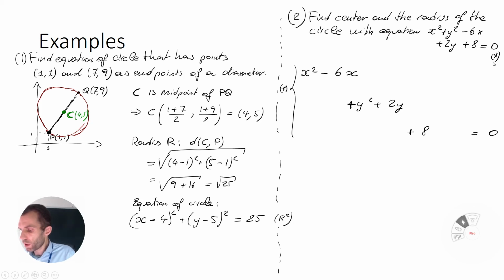And why do we do that? Well, now we can see we have to find something that looks like x minus a constant squared. So let's try to make this into such a square. What we can do here is add plus 9 here and then subtract 9 here. And likewise, we can do plus 1 here and then minus 1 here. And why do we do that?